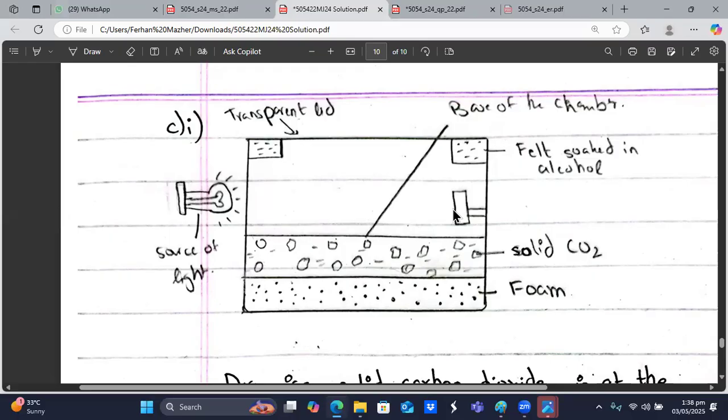Then we take some cotton and soak it in alcohol, and we place it here, and then we place a source of radioactive substance, and then we have a transparent top on that, and here we have a source of light. So basically what happens here, the vapors of the alcohol will be produced, and the radioactive sample will be emitting radiation, maybe alpha particles, maybe beta particles, maybe gamma.